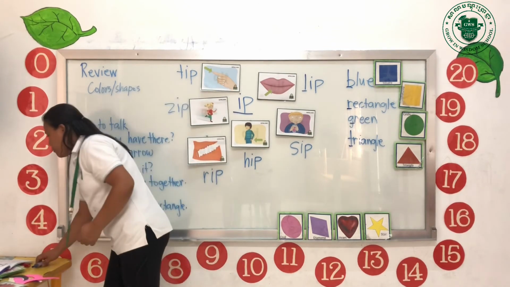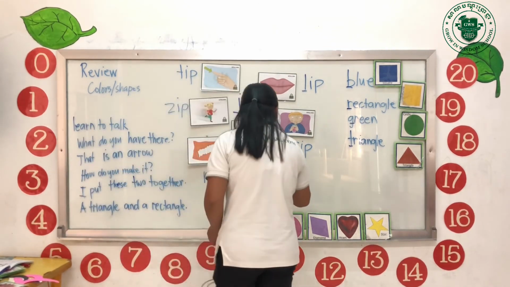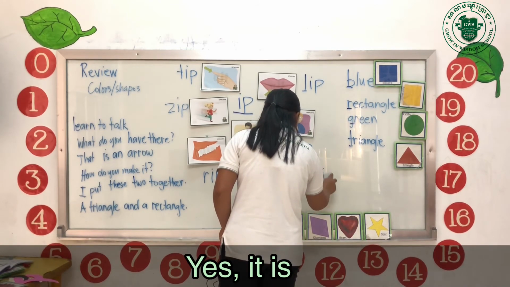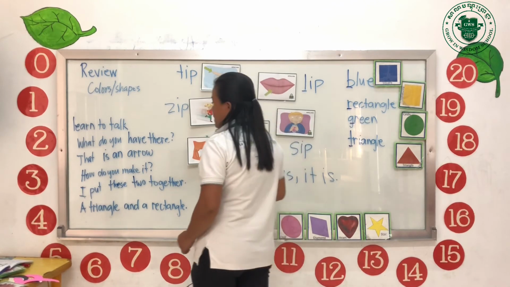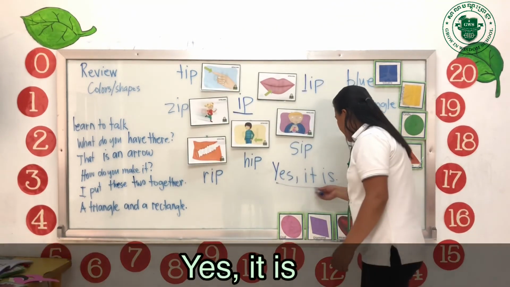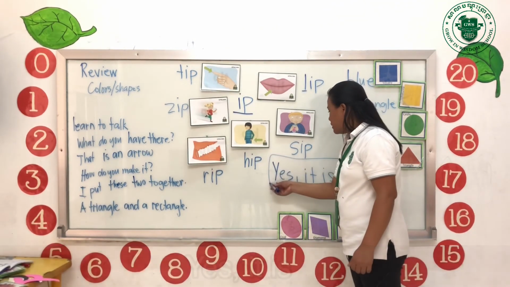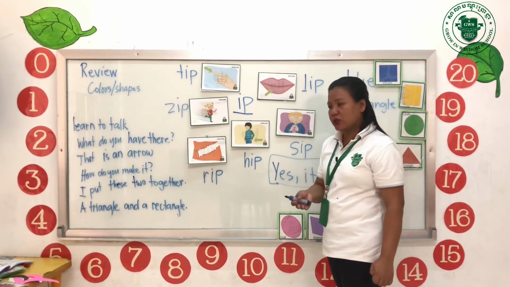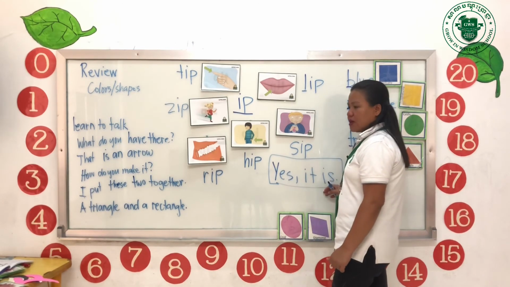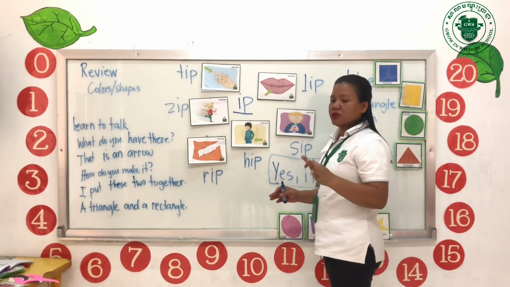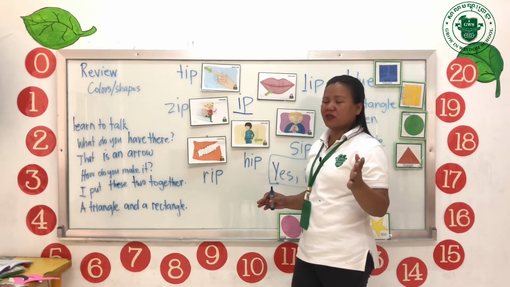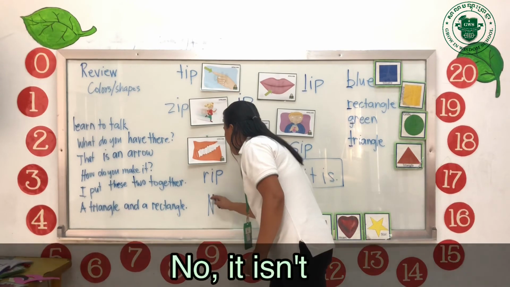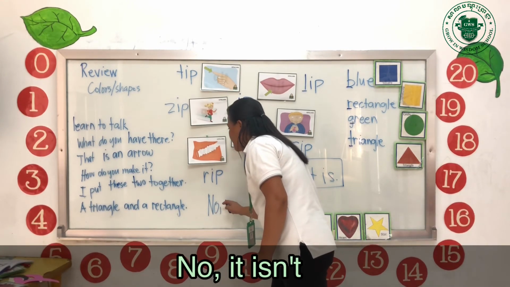Now, if you say yes, it is. Okay? That is, yes, it is. If you are sure that that is really what the teacher asked you, the answer is, yes, it is. But if the teacher asks you and then you think that the question is wrong, you will say, no, it isn't.